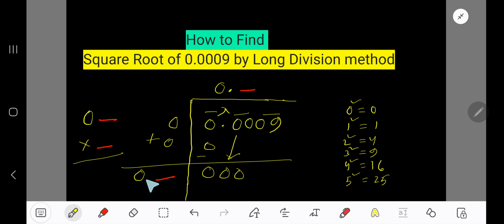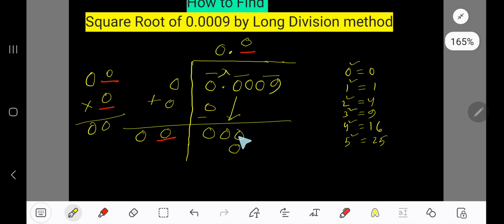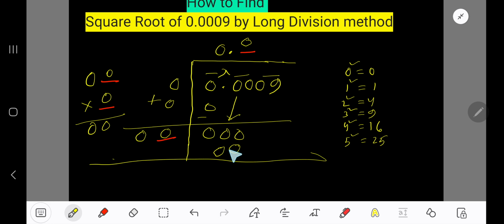Since this is 0, of course you have to place 0 here. 0 times 0, 0. You can write any number of 0s. Subtract, you will get 0. Bring down the next pair.